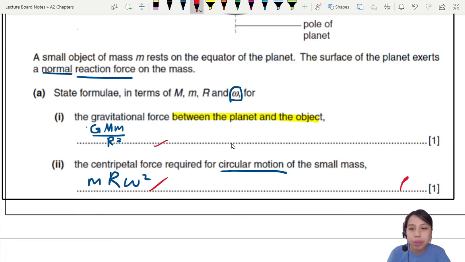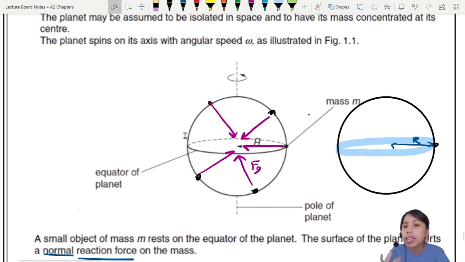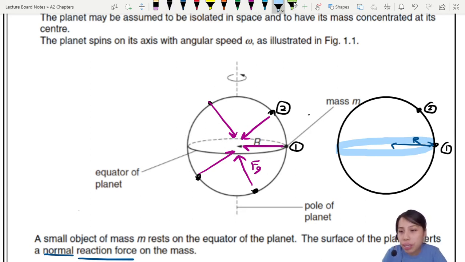B1, B1. But before we go to the next part, here's a question. This is only if you're at the equator, then the R's are the same. The purple R, radius to the center of the Earth, is the same as your orbit radius R. But if you move away from the center, let's say this is position 1, and now you move to position 2 up here, it's a little bit different. At position 2, your orbit radius is now a bit smaller.